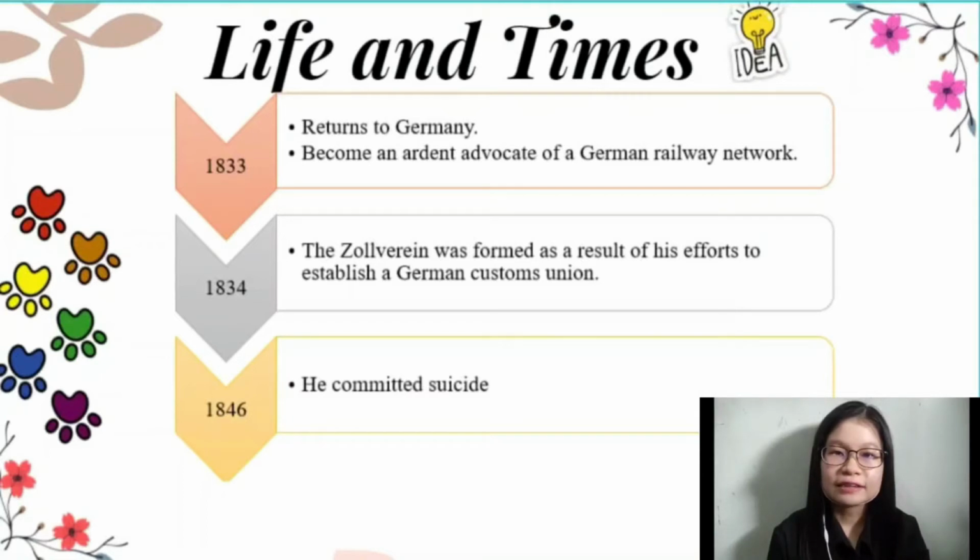More than 2 decades after his death, the proposals he outlined for the German postal system and national patent law were implemented. Lastly, in the year 1846, he committed suicide because of ill health, financial troubles, and sadness about the delay in German unification.